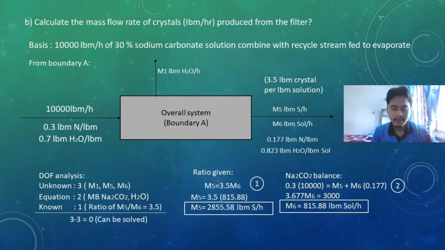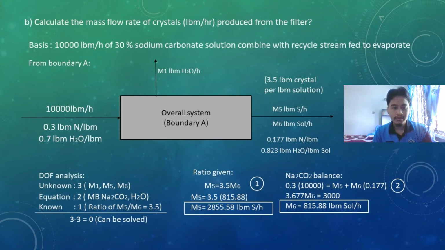Okay, now we proceed to question B. Question B asks to calculate the mass flow rate of crystal in lbm per hour produced from the filter, and the basis is 10,000 lbm per hour of 30% sodium carbonate solution combined with recycled stream fed to the evaporator. From boundary A, we can see that we have 2 outputs and 1 input.